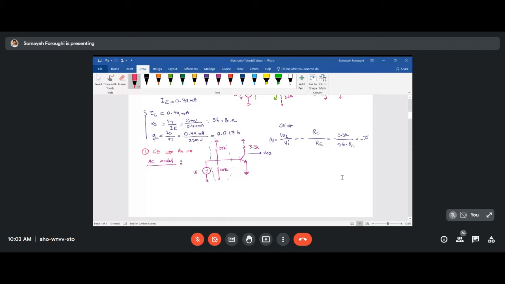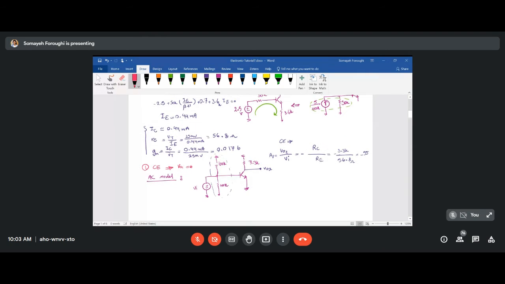So why didn't we do it here with those 200K ohms? Those 100K ohms are the biasing. When you want to find VO2 over VI, do you agree that VI is connected to the base directly?